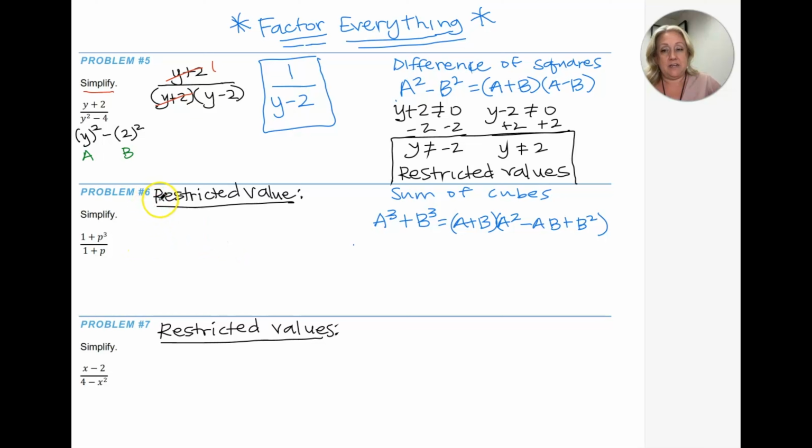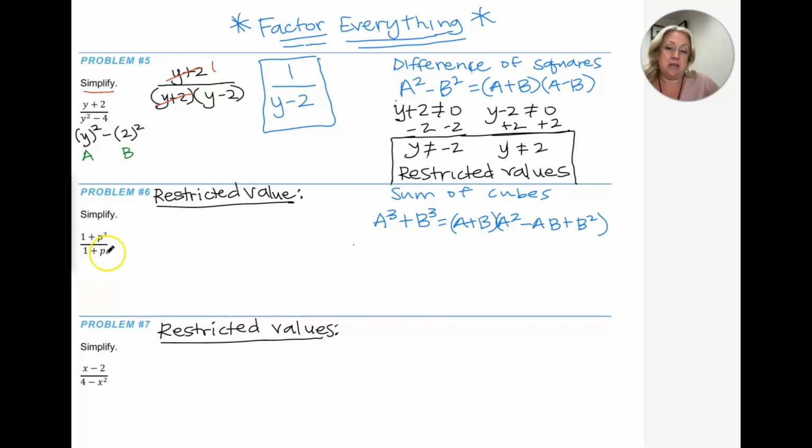All right, let's look at number 6 now. We're going to simplify 1 plus p cubed over 1 plus p. Now, in the denominator, we don't have anything that we need to factor, so we can see right off what that restricted value is going to be.